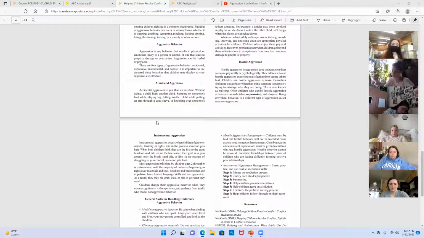Again, the distinction here is made between instrumental and hostile aggression. So the language here, they've got this word unprovoked and illogical. Unprovoked is bolded. That may help you in terms of thinking through how to make the distinction between instrumental and hostile aggression.